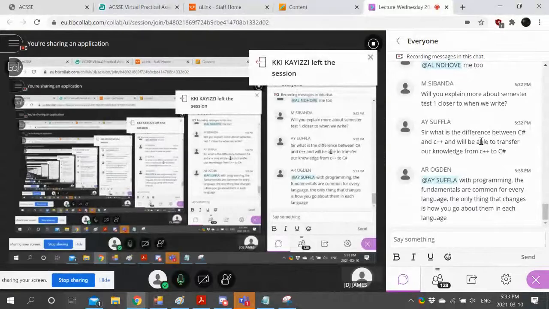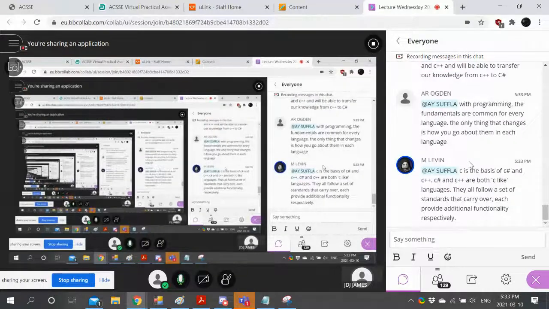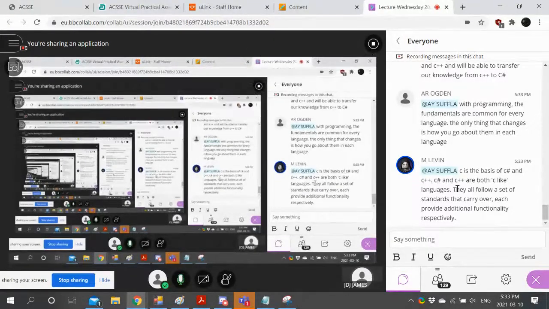And then, yes, it's a good point with programming. The fundamentals are common for most languages. There are a couple of very esoteric languages that work completely differently, but for pretty much all of the languages you'll use in production environments in industry, they will share many, many features that are similar. So what we do in C++ will translate very easily to other programming languages. And then there's, as pointed out here, a whole family of languages that share very similar syntax, the way that they look.